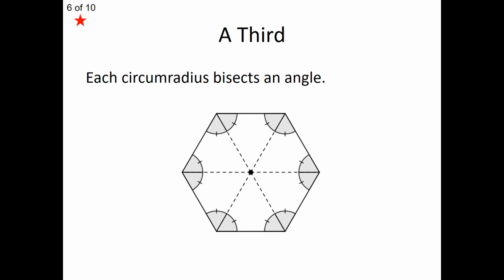This last property, before we move on to deriving our area formula and then using it, is that the circumradii are angle bisectors. So if you were to pick an angle of your regular polygon and produce the circumradius from the center to that angle, it's going to cut that angle right in half. And we can see some use of this later on.